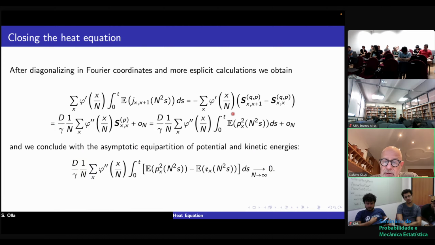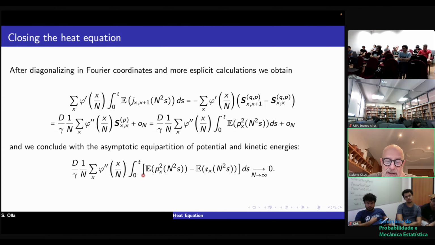And then you're almost there, but you don't have the energy. You have the kinetic energy here. You want to close this integral in the energy, not in the kinetic energy. So you still need to prove an equipartition of potential and kinetic energy, that this Px square is equal to the potential energy of Qx.